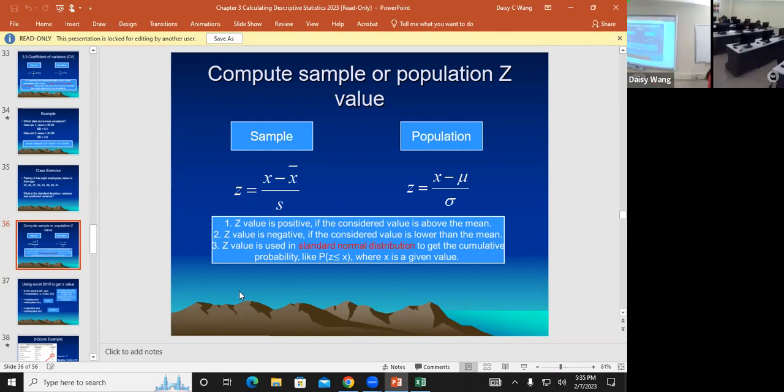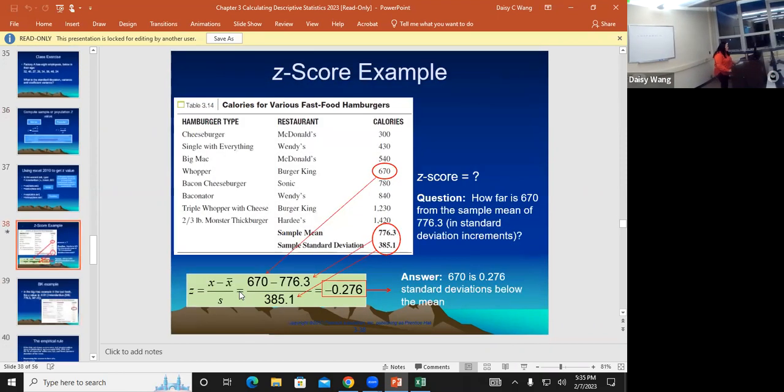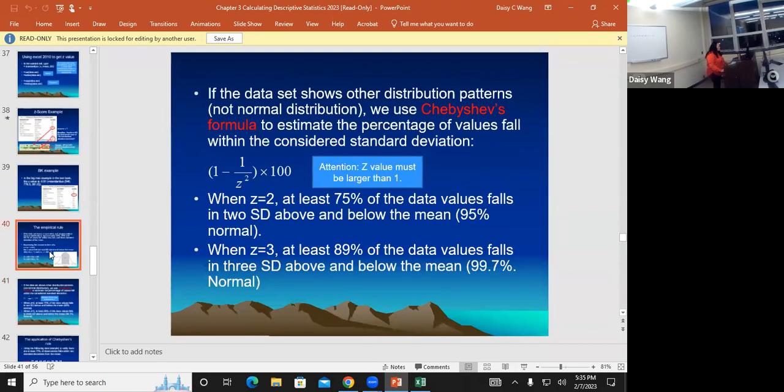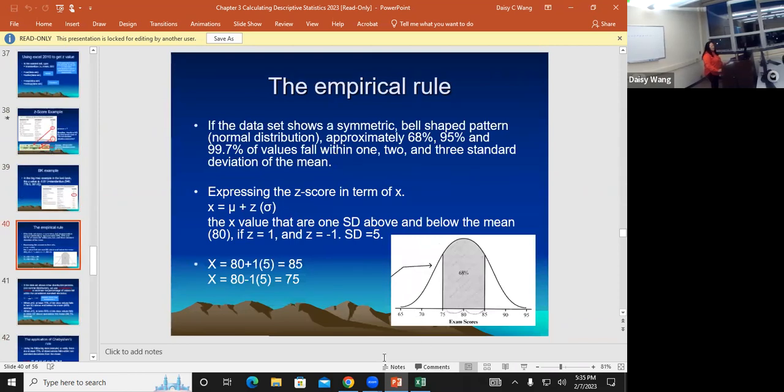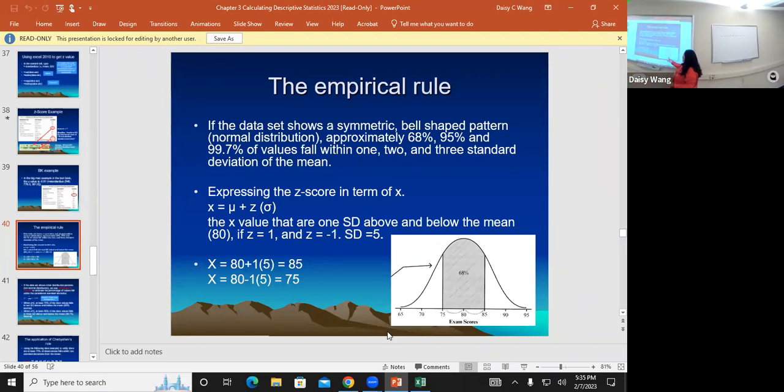So, for example, I'll show you the chart. Here we have scores for an exam, the average is 80, and the standard deviation is 5. So this is the average, 80, plus or minus 1 standard deviation, this area.